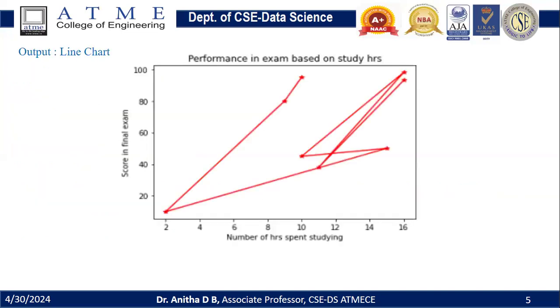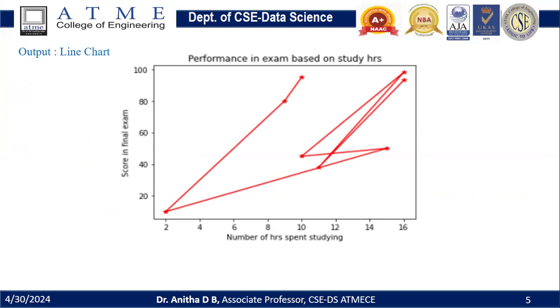Now, if you run the code, we will get the line chart like this. If you observe the line chart, we can conclude that there is no linear relationship between score in the final exam and the number of hours spent in studying.